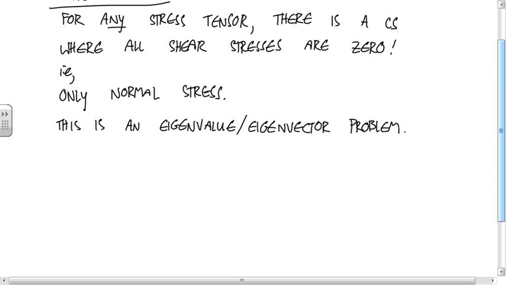What do you know about the traction? Well, you know that the two shear components of the traction have to be 0. And so that means that the traction has to be parallel to the outward normal to the surface, right? That's the only component you can have. Does that sort of make sense? If all you have is your normal traction on a given surface, then the traction has to be parallel to the unit normal.